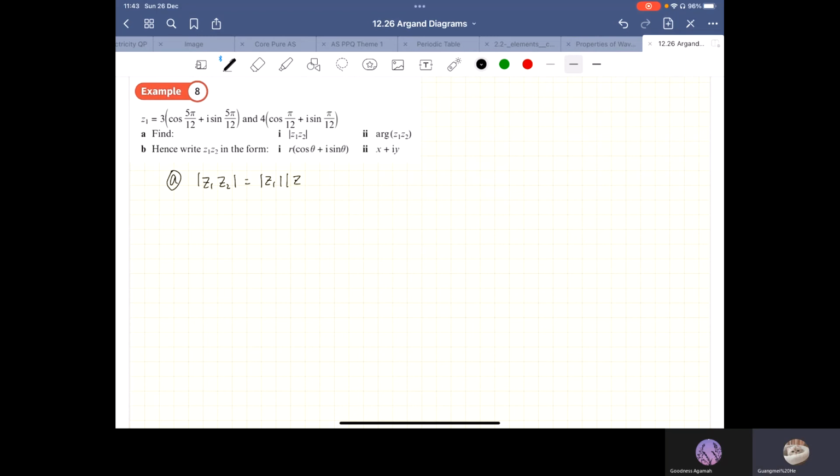What is modulus of z1? And modulus of z2? 4. Well done. So that is our answer for part A.